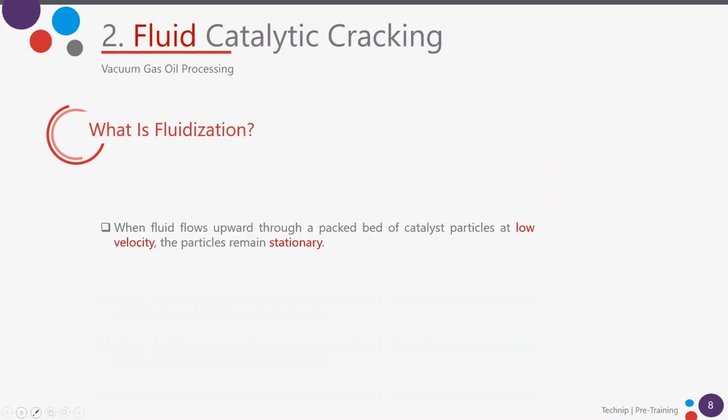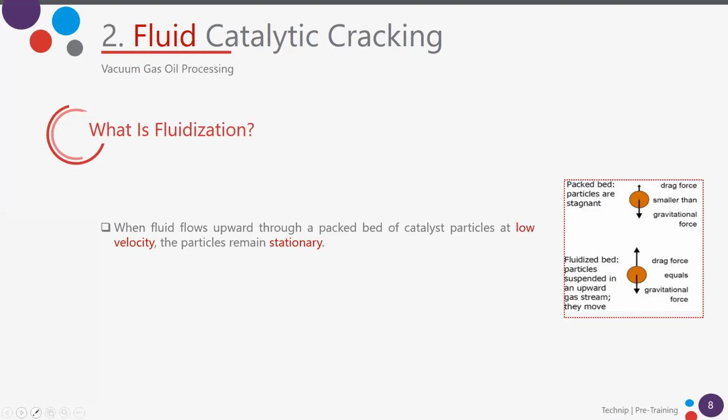We'll try to explain in more detail. So when a fluid flows upwards through a packed bed of catalyst particles at low velocity, the particles remain stationary. Okay, we have seen in the previous unit that we have many fixed catalyst beds.